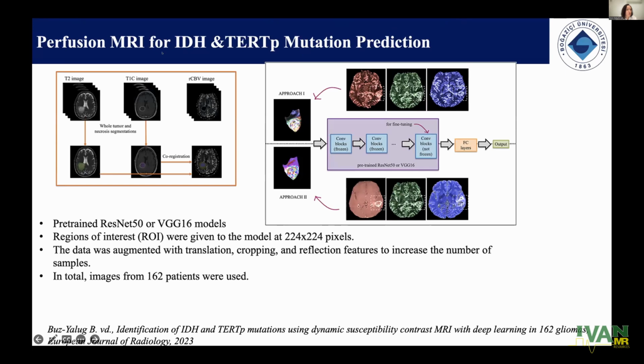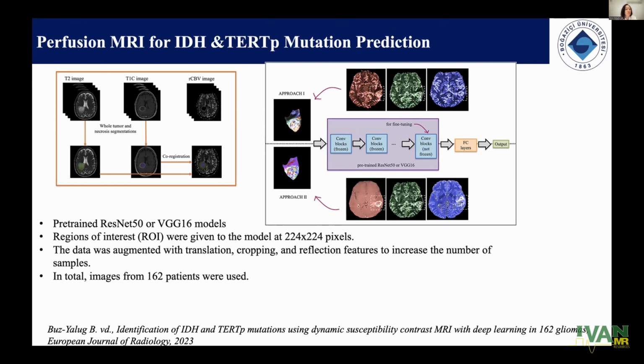We also used perfusion-weighted MRI. We took the whole tumor from the T2-weighted image and necrotic core from the T1-weighted image. And we registered these maps onto the rCBV image. And we selected the tumor region. We either used these three different techniques, T1, T2, and rCBV, and created an RGB image out of it, or we took the biggest tumor slice and the next and the previous slices and created an RGB image.